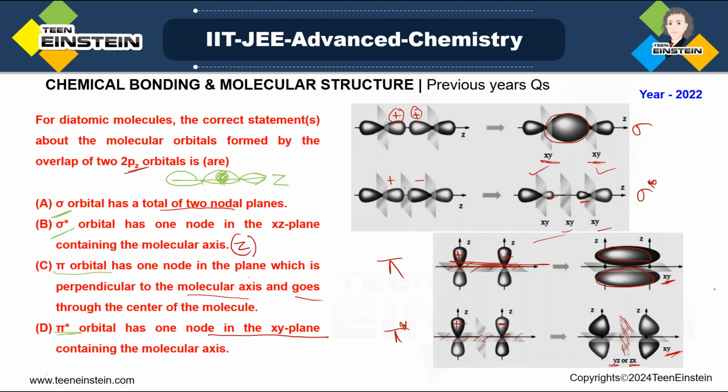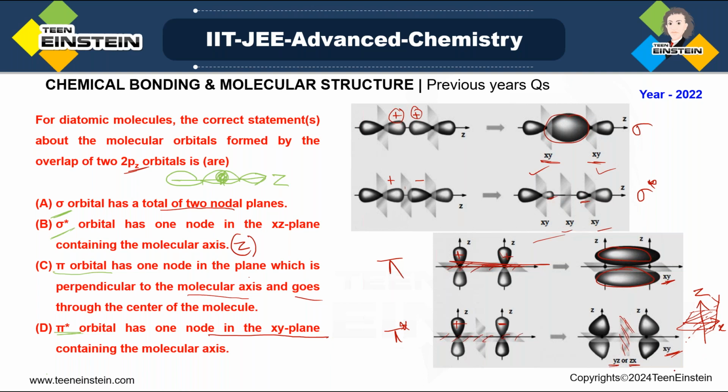Both will be there. Suppose I am considering this as the z-axis, then you can write this as x and y. You have to imagine in 3D. So it will be like this. So this plane is basically the xy plane, and the zy plane or zx plane, that also you can understand.